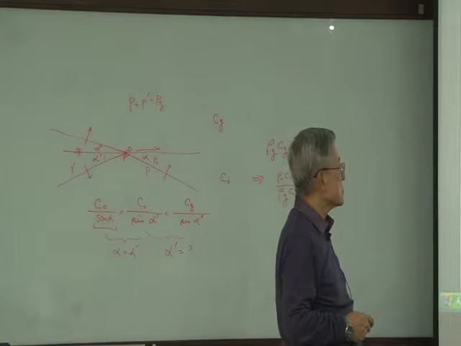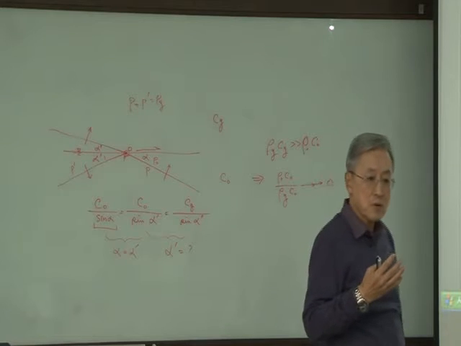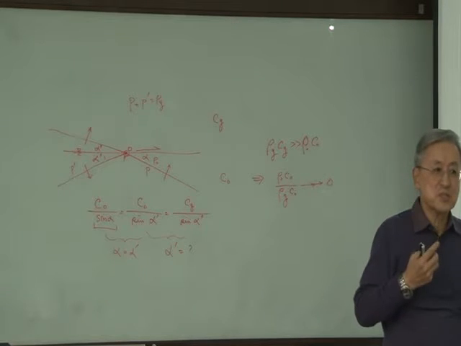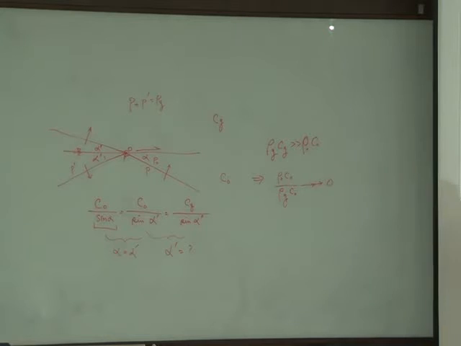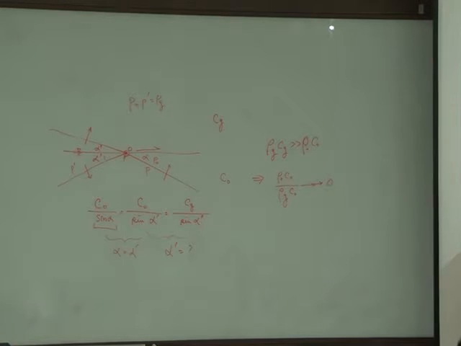Pg over P is equal to 2, which means Pg is equal to 2P. What's the Pg here? We assume this is rigid. So Pg is the pressure experienced by the rigid point, right? So when you have a shock wave coming and hitting the rigid wall, this experiences twice the incident shock wave pressure. That's what that is.